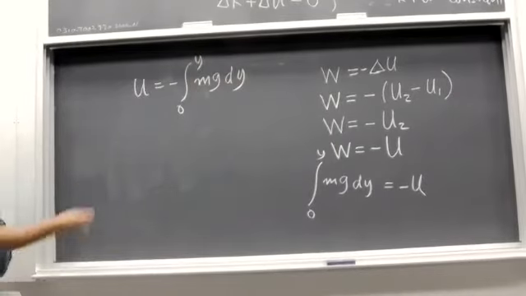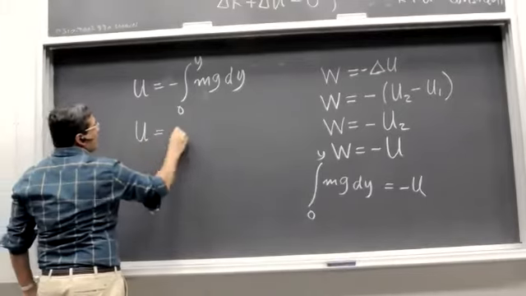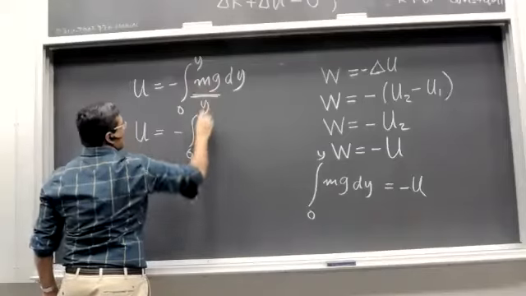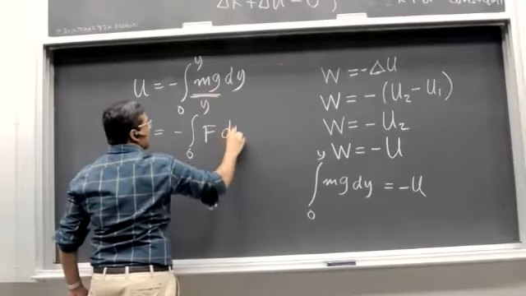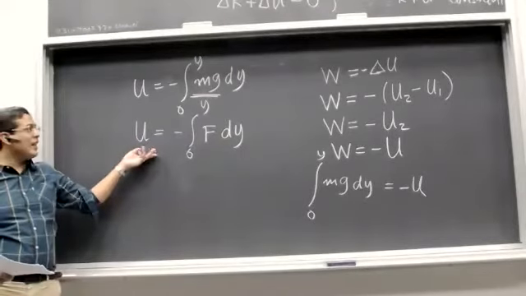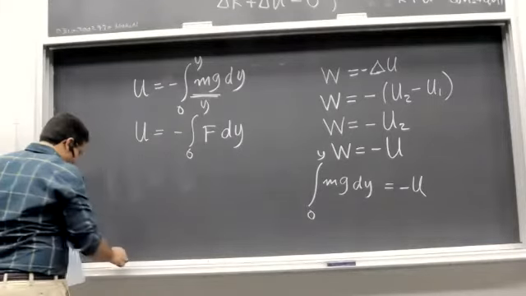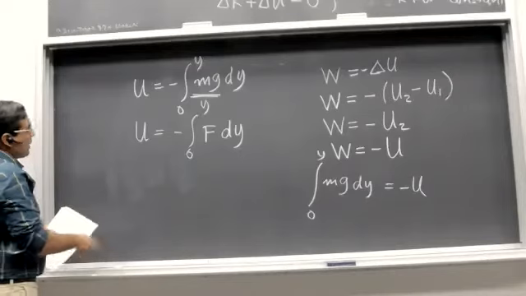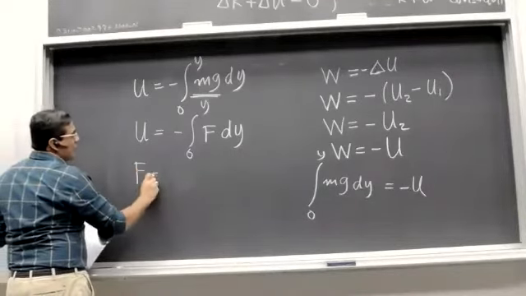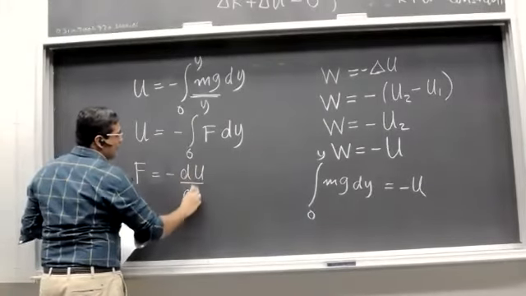If you look at it carefully, U is related to the force through this integral, from 0 to y of F dy. So the potential energy is related to the force in this way. We did that in calculus. We can also invert this equation and write F is equal to negative the derivative of U with respect to y.